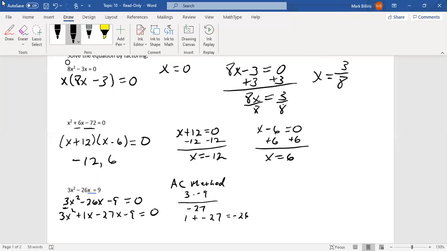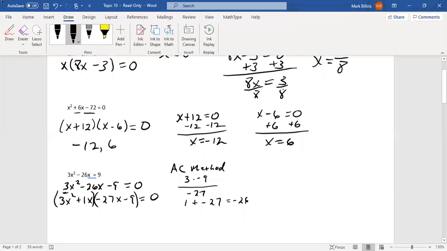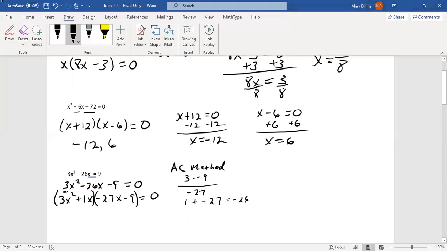Now again, for a review, we group the first two terms together and the last two terms together, and we remove the greatest common factor. For 3x squared and positive 1x, the greatest common factor is x. When we remove the x, that leaves us 3x plus 1.